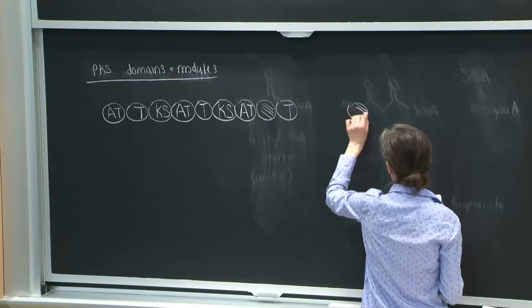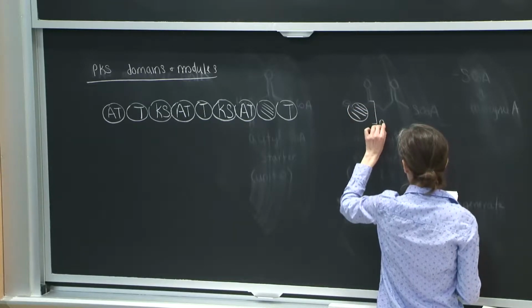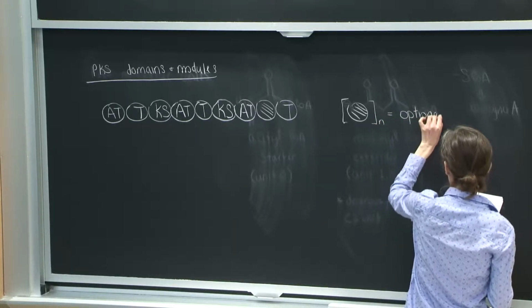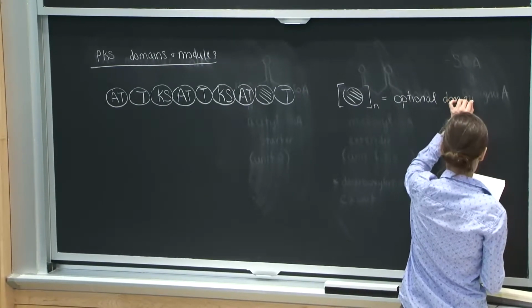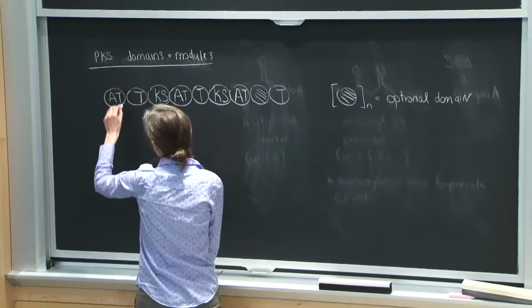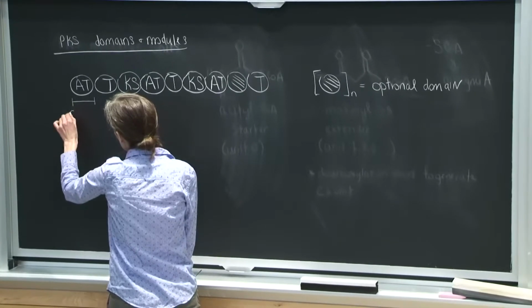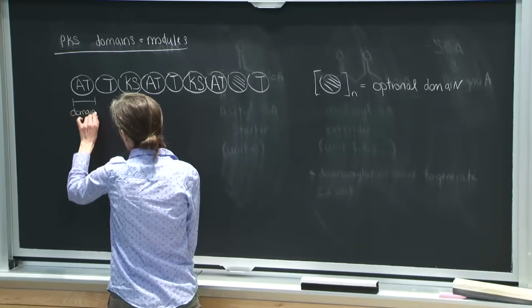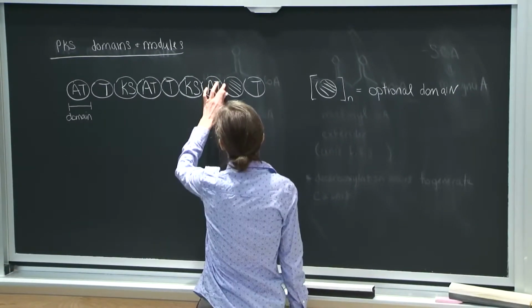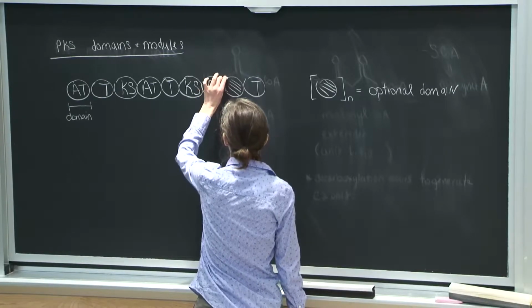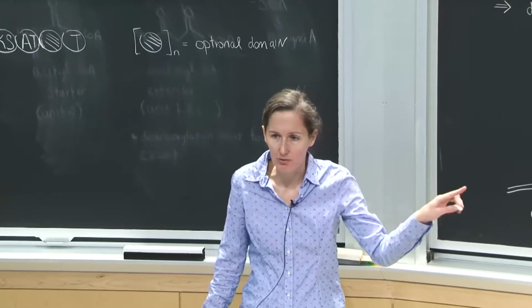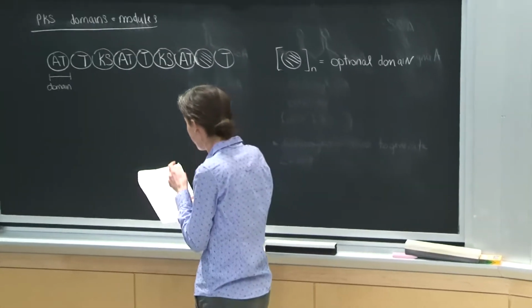Okay, so this I'm defining here as an optional domain. Okay, so in this depiction, going from left to right, each one of these circles is a domain. So a polypeptide with a single enzymatic activity. Okay, note that they're all basically touching one another, okay, which indicates in these types of notations that the polypeptide continues. Okay, it's not 2 different proteins, but we have 1 polypeptide here.